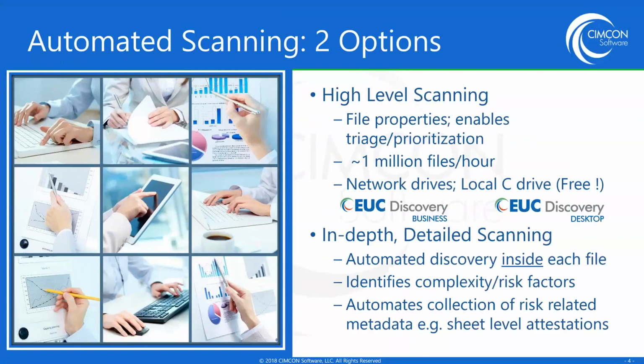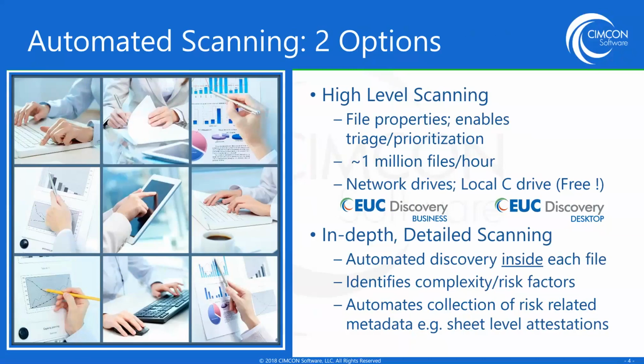There's really two types or two levels of scanning. One is at a high level, and the second is in depth. So at the high level, it's very high speed. You can scan over 1 million files an hour, sometimes a couple million files an hour, depending on the type. It really is looking at the file at a macro level, reading properties, understanding last modified date, size, and the purpose is somewhat of a triage.